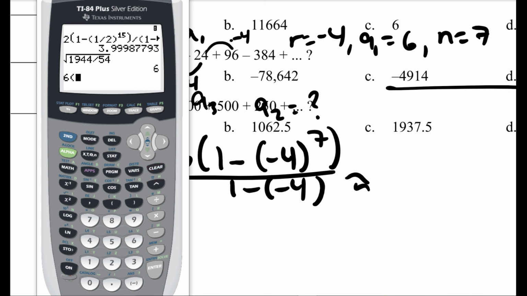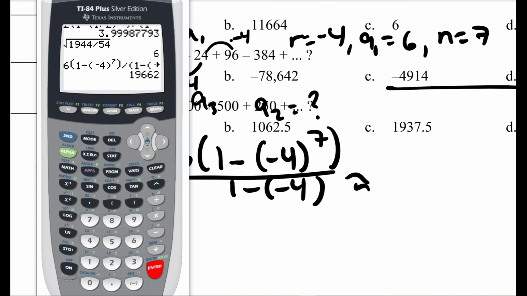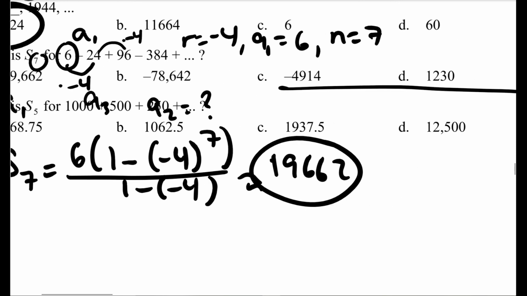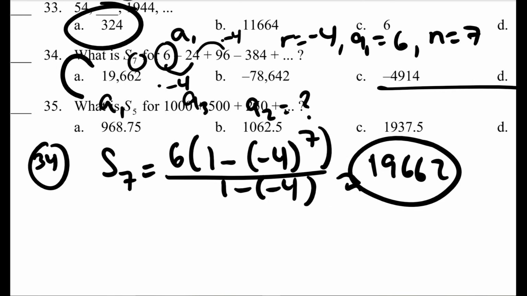Oh no, let me erase the answer. And then we'll divide it by, make sure to put that denominator in parentheses. So that 1 minus -4 has to be in parentheses, like that. Okay, so we get 19,662, which is A.